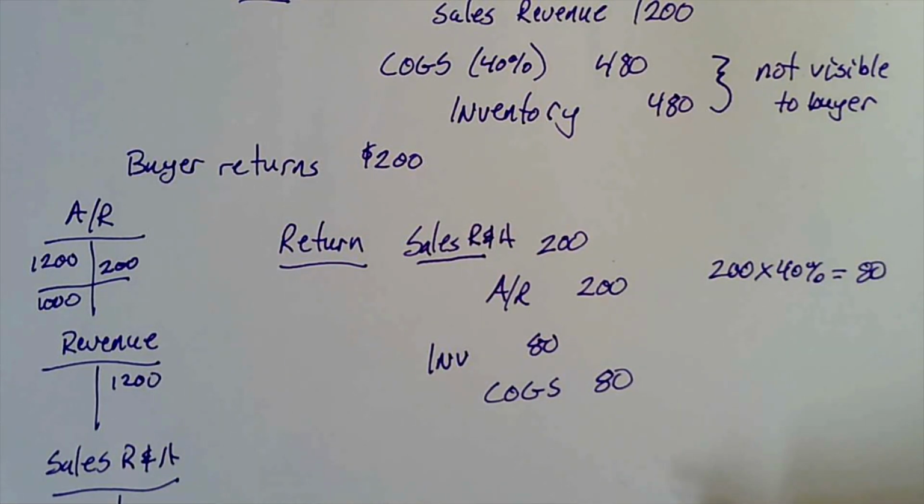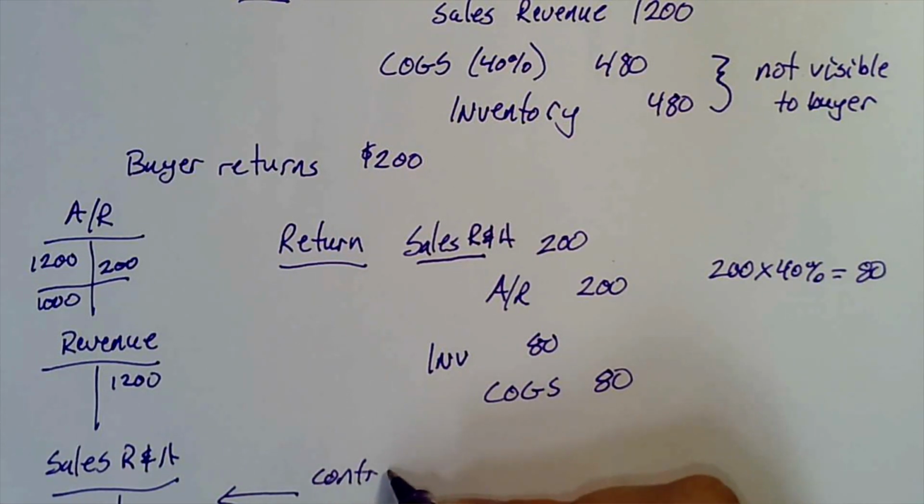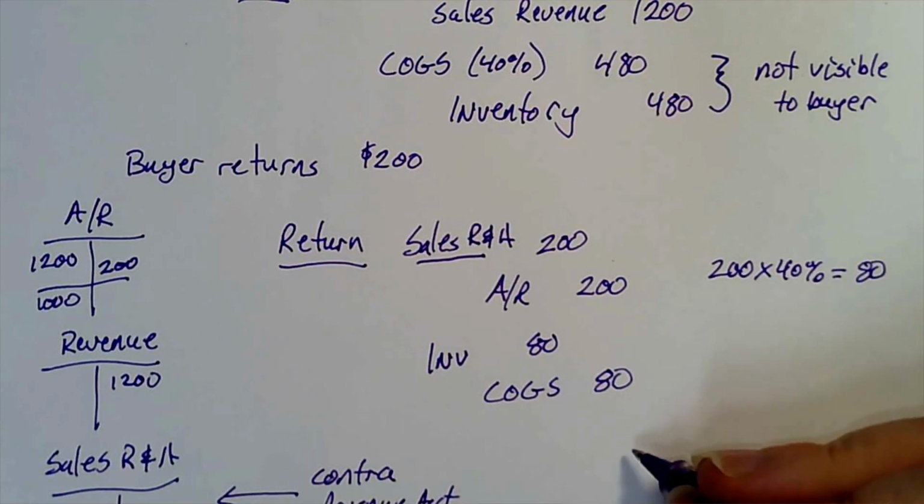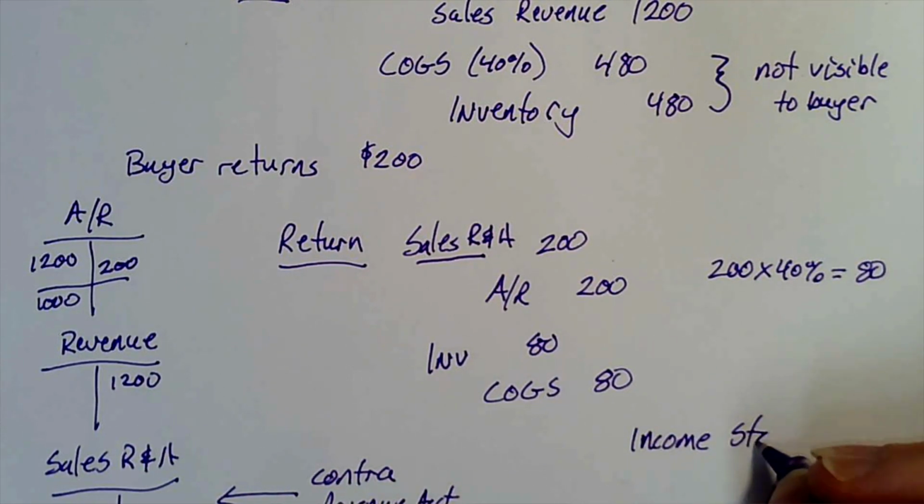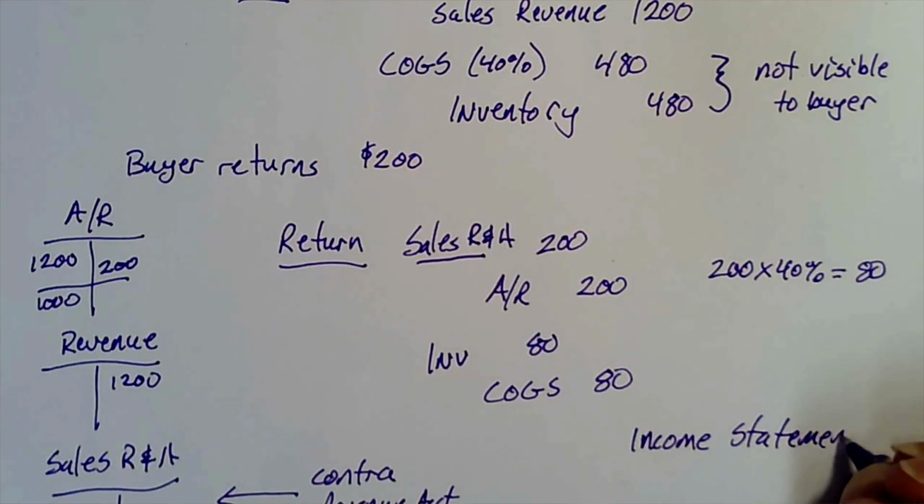So this is a contra revenue account, meaning it works against the revenue account. And what it looks like in the income statement is that it would look like sales revenue.